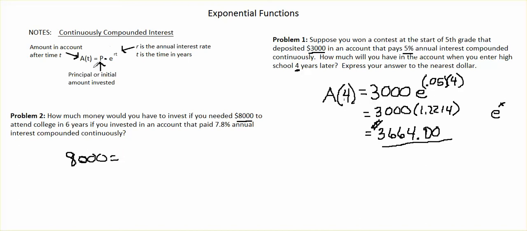this part here. We don't know what our principal is, so I'm going to write P here. But it says 6 years is our time if you invested in an account that paid 7.8% interest. So we would have interest rate as a decimal is 0.078, and we're going to multiply that by 6 years.